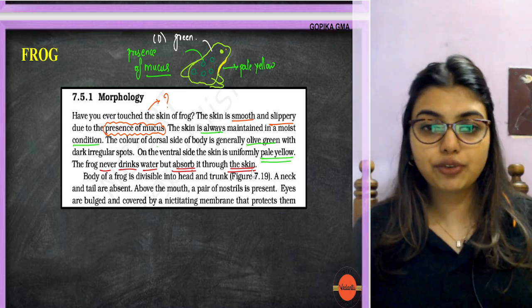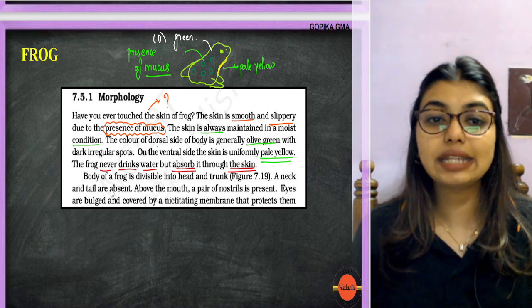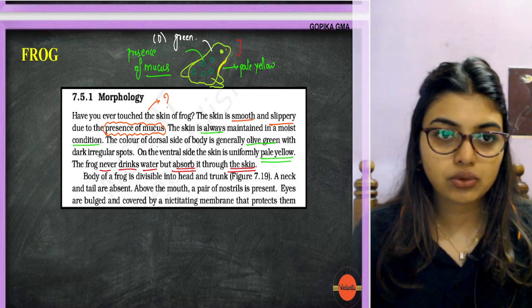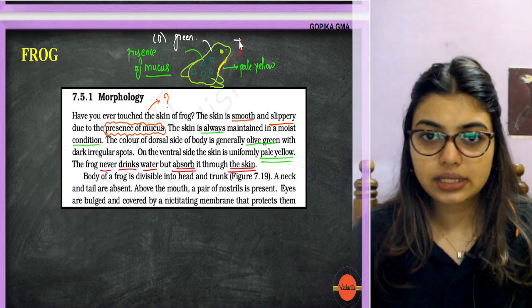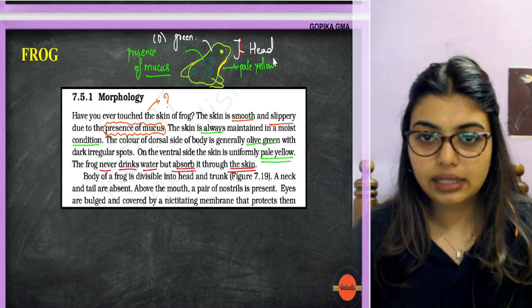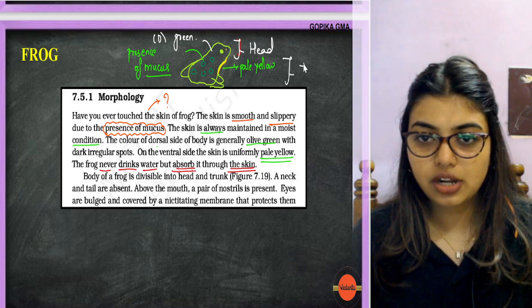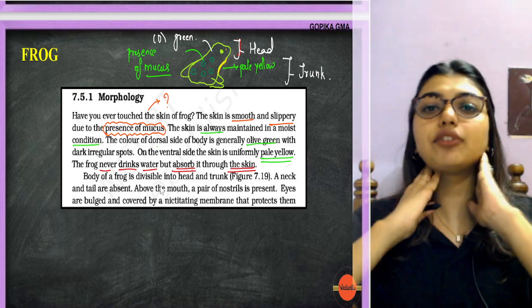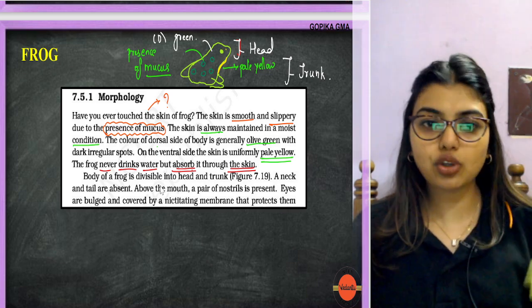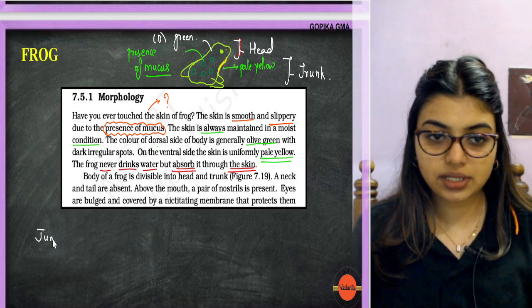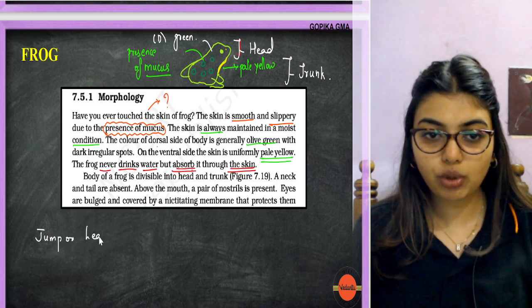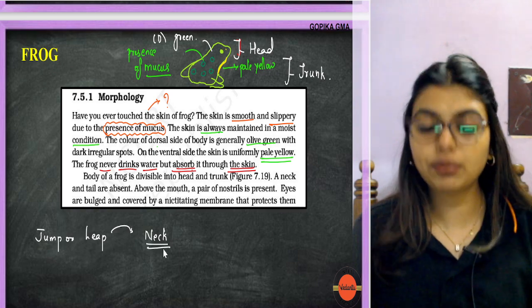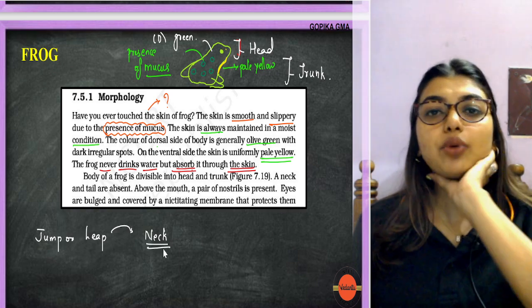Now the body of a frog is divisible into head and trunk. A neck and tail are absent. So if you look here, this is the head portion, and whatever is left is the trunk portion. Then ma'am, where is the neck? Just imagine, students, if the frog had a neck, when it leaps or jumps, the neck would be a problem, because the neck is there to support the head.